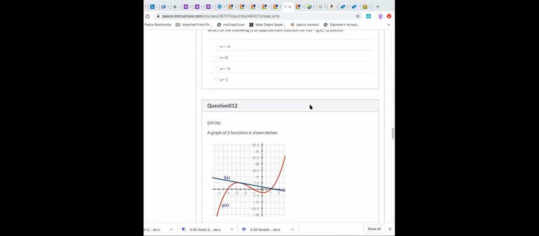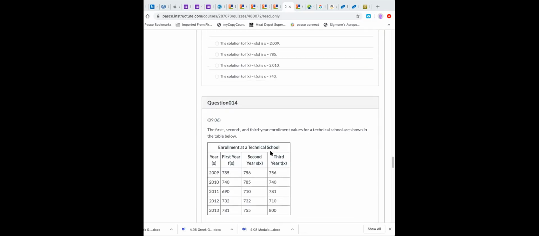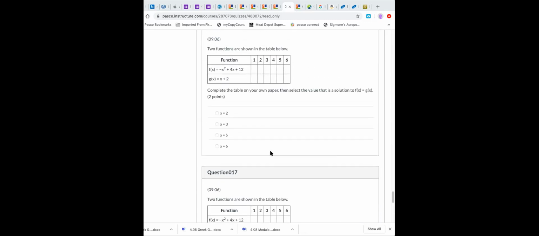Okay, so here's that graph one where I was talking about. This right here would be the solution where they both meet, where x is 1. That's what they're talking about there. Because I know everybody that's done it and got them wrong, I think it's because they're not reading the question right.